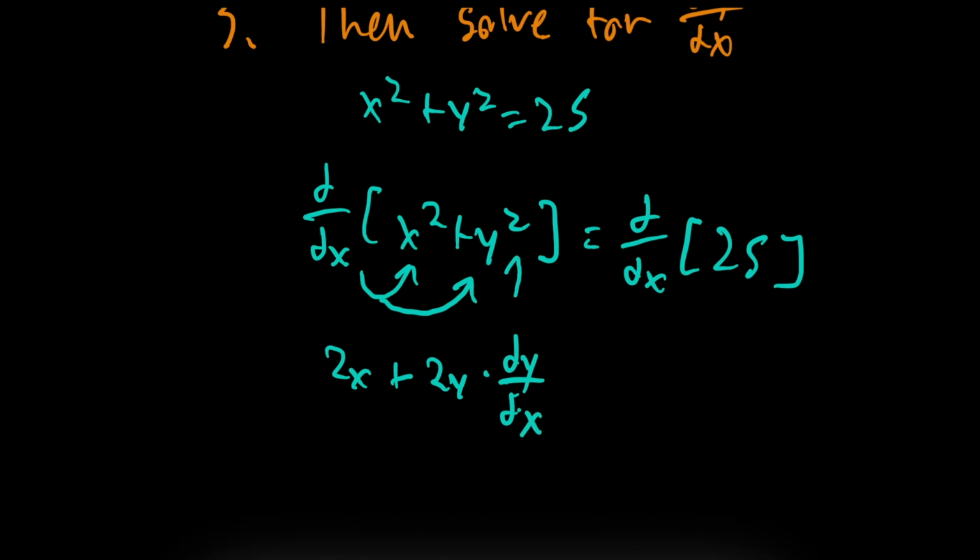You can consider y squared as the outer function and y as the inner function, which we are taking the derivative of right here. And the derivative of any constant with respect to any variable is always going to be 0, because that constant is not changing with respect to that variable.